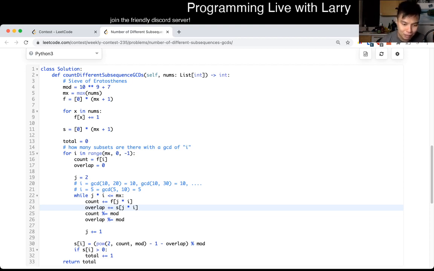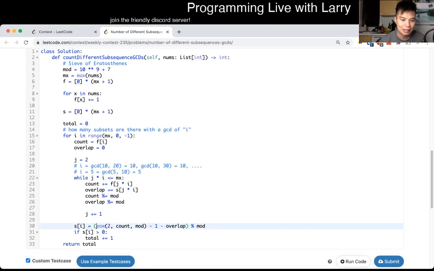Anyway, so then at the very end, after we go through all of this, after we go through max, the number of overlaps of i, so that we save it for the future, is just the number of subsets which are going to be used for the overlaps. And that's just the number of count.